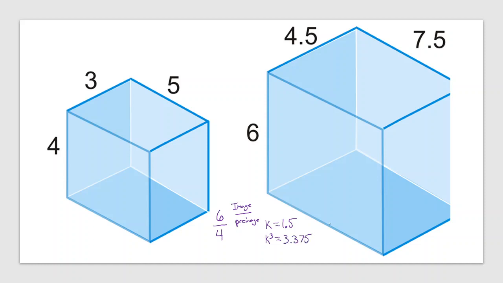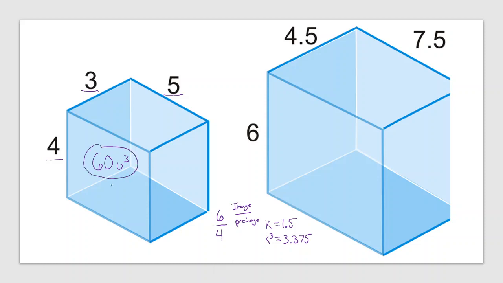3.375. So if I calculate the volume of this one, I'm going to be very, very careful. It's 4 times 3 is 12, times 5 is 60. So this should be 60 units cubed. Just because I got the wrong one last time and it caused me problems, I'm going to double check my work. 4 times 3 times 5 is 60 units cubed.